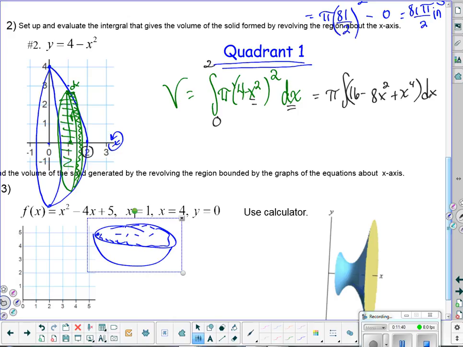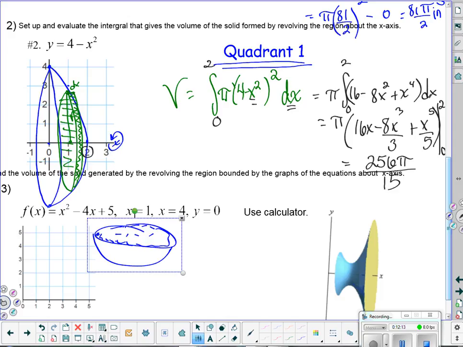I'm looking for my sheet on it, because we end up with some 0 to 2. 16x minus 8x cubed over 3 plus an x to the 5th over 5. And then we'd want to integrate that from 0 to 2. Put 2 in first. This turns out to be, I'm pretty sure the number is 256 pi, common denominator of 15. I'm pretty sure that was the answer, guys.